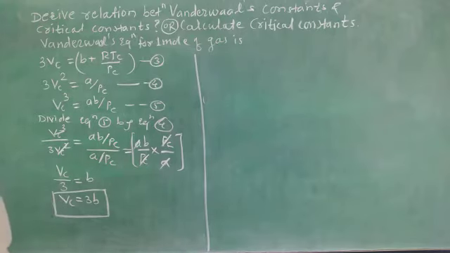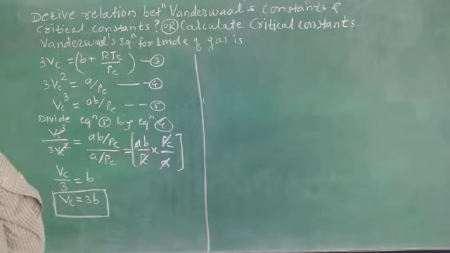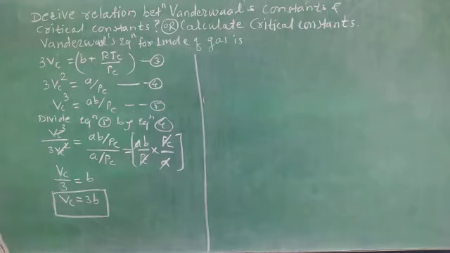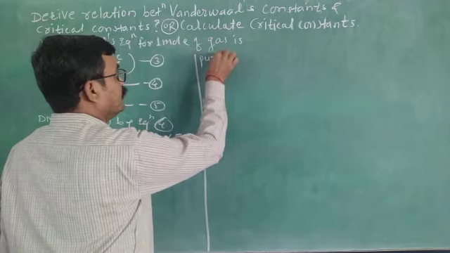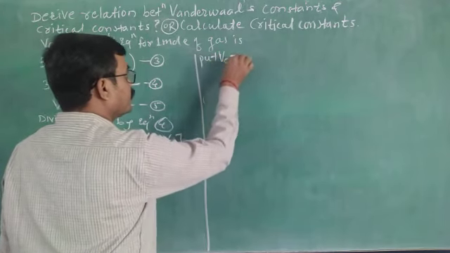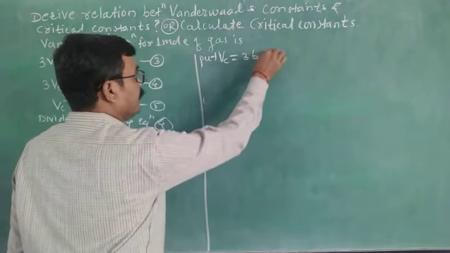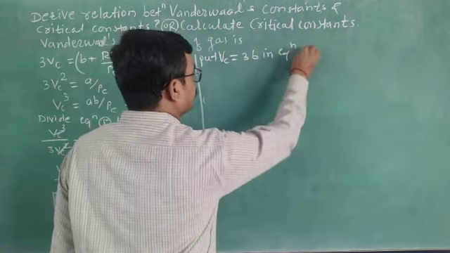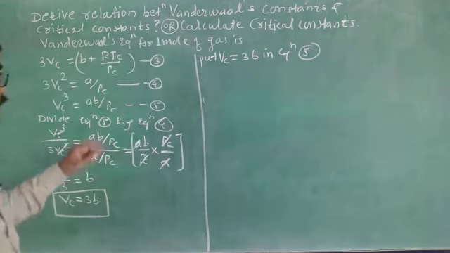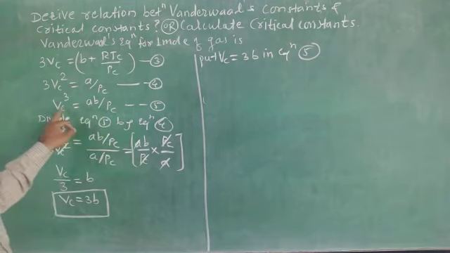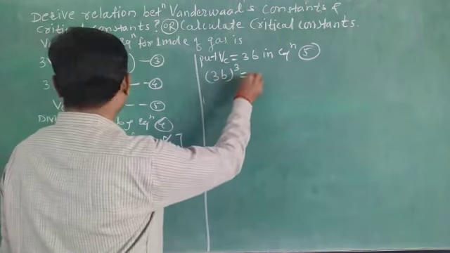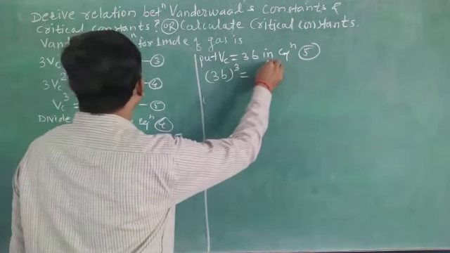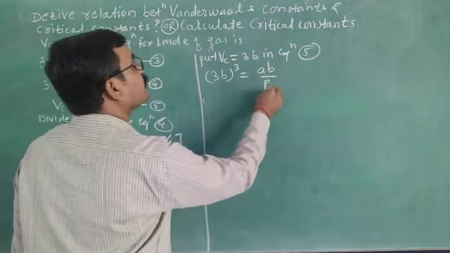Now after this, putting the value Vc equals 3B in equation 5 in order to calculate the value of Pc. Vc cube means (3B) cube, that is equal to AB upon Pc.